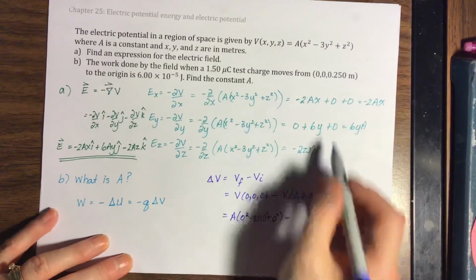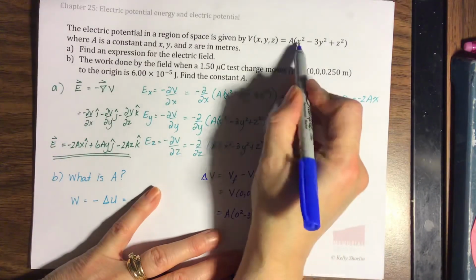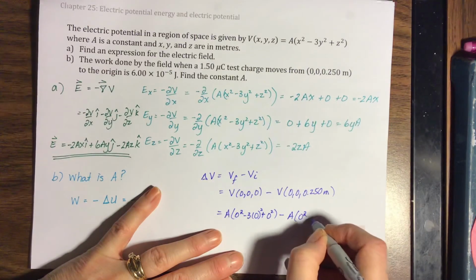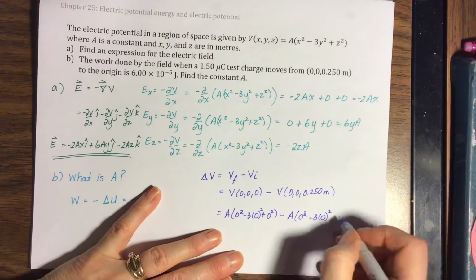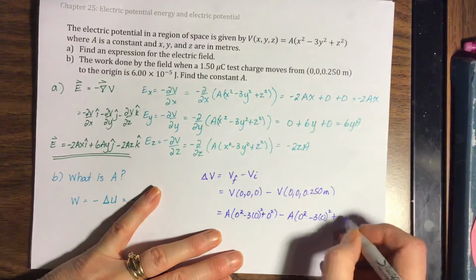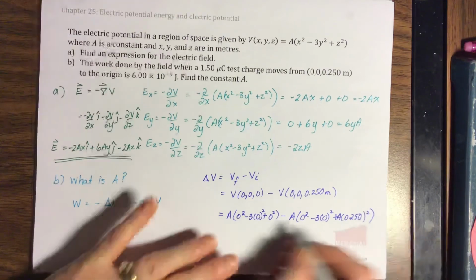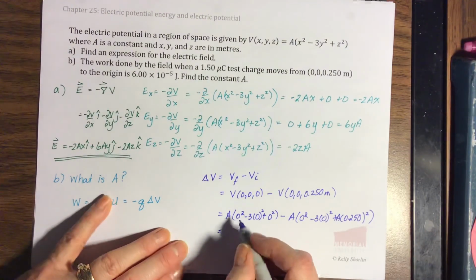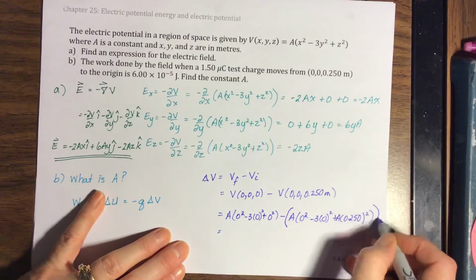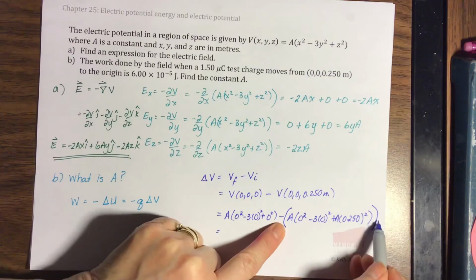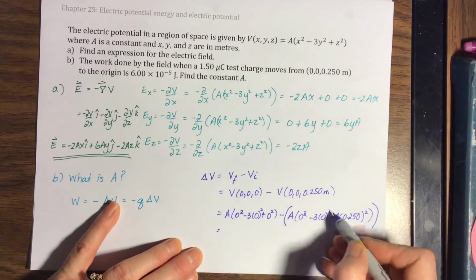Then we're subtracting our potential at our second place, so that's going to be A times x equals 0, so we've got 0 squared, minus 3 times y is equal to 0, so we've got 0 squared, plus z squared, but z is 0.25. So that gives us for our potential minus, okay, so I just got my brackets here so I don't lose track of my minus signs. So I've got that whole term is 0, that one's 0, that one's 0.